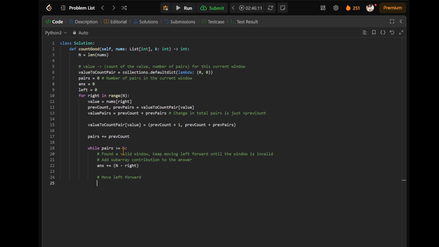By moving the left forward, we're also making sure that we're decrementing the count for that value. So let's first get the value that's at the left pointer that we're moving forward, and then get the counts and the number of pairs that this value contributed previously.